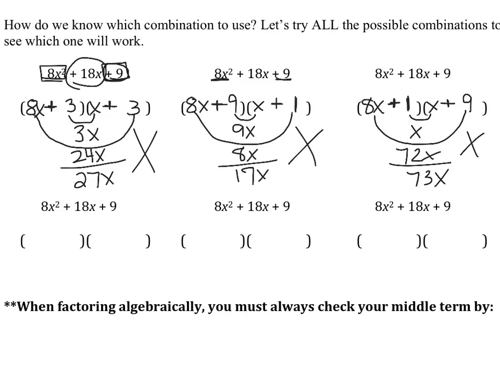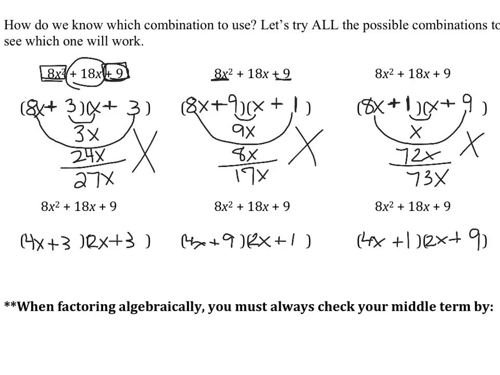So my other option is, instead of 8x and x, let's try 4x and 2x. So we could try 4x and 2x with 3 times 3 again. Or I could try 4x and 2x with 9 and 1. Or I could try 4x and 2x with the 1 in with the 4x and the 9 in with the 2x.